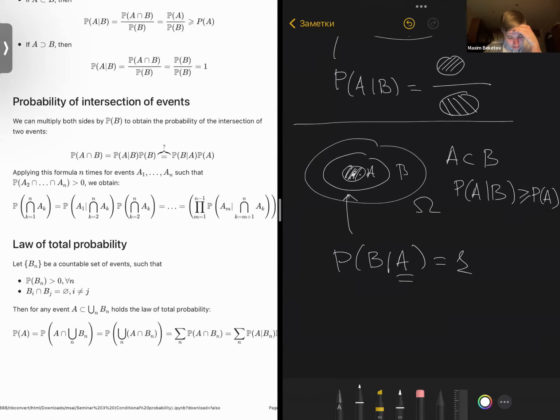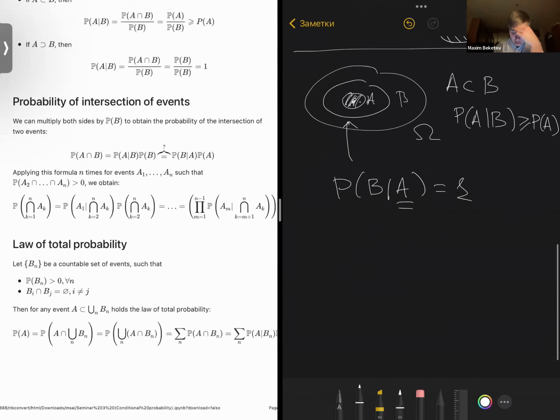So, probability of intersection of events. We know that the probability of the intersection of two events takes part in the definition of conditional probability, so we can rewrite it in two ways.